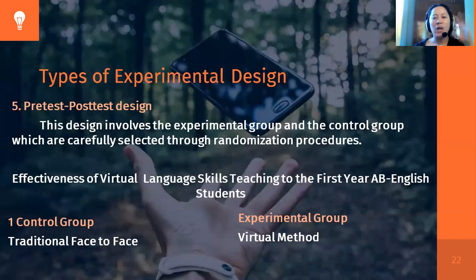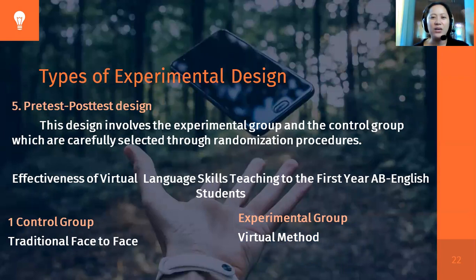And then number 5 is the pre-test, post-test design. This is very common in education research. And this design involves the experimental group and the control group, which are carefully selected through randomization procedures. So example of this, effectiveness of virtual language skills teaching to the first year AB English students.